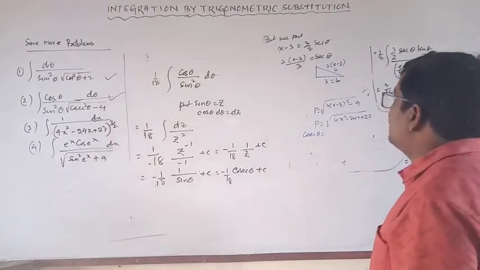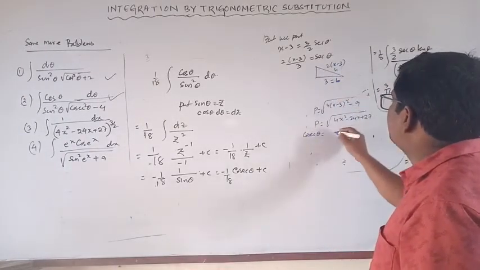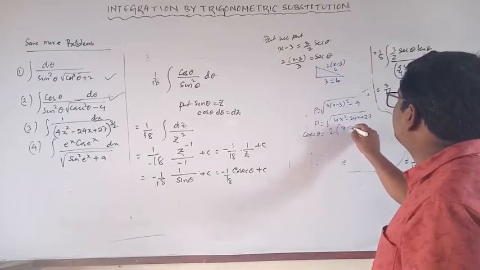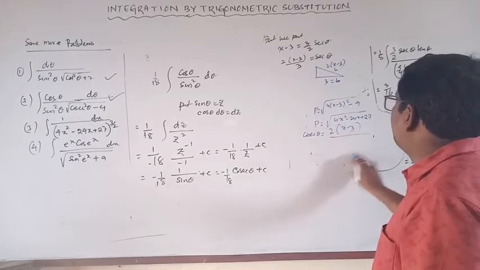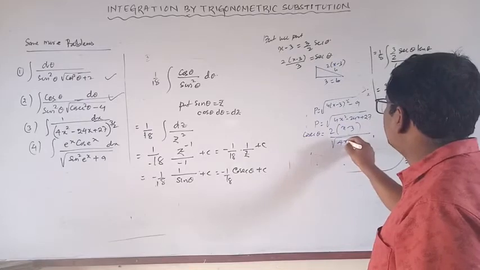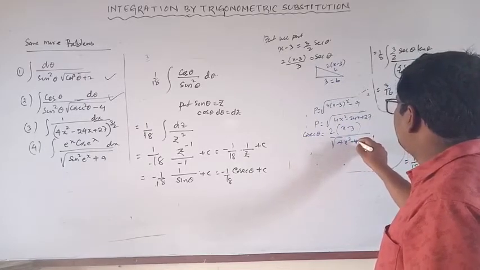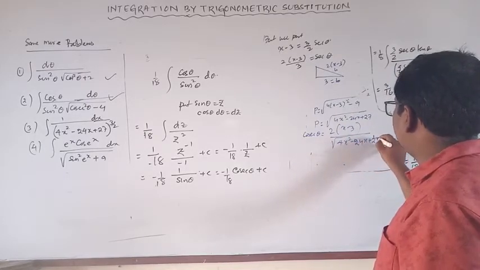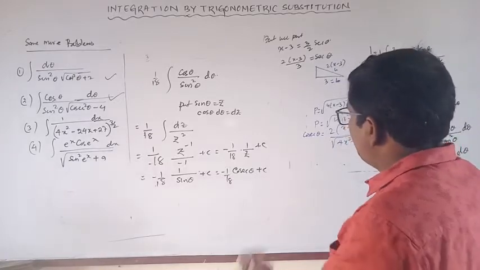H by p. H is equal to 2 into x minus 3 by p. P means what? Root over 4x square minus 24x plus 27. Now use the value of cosec theta.